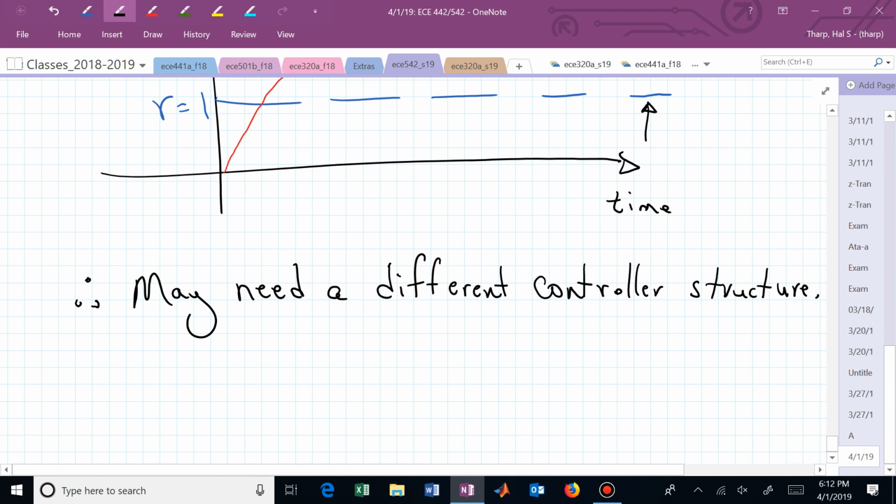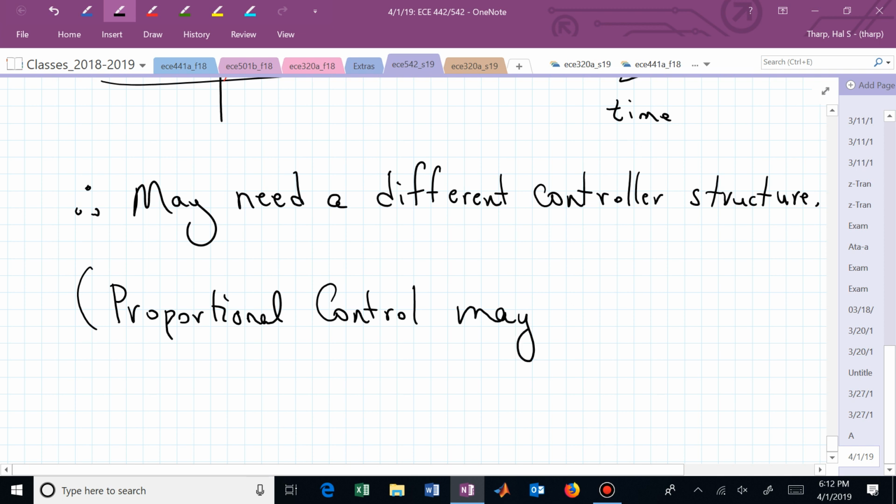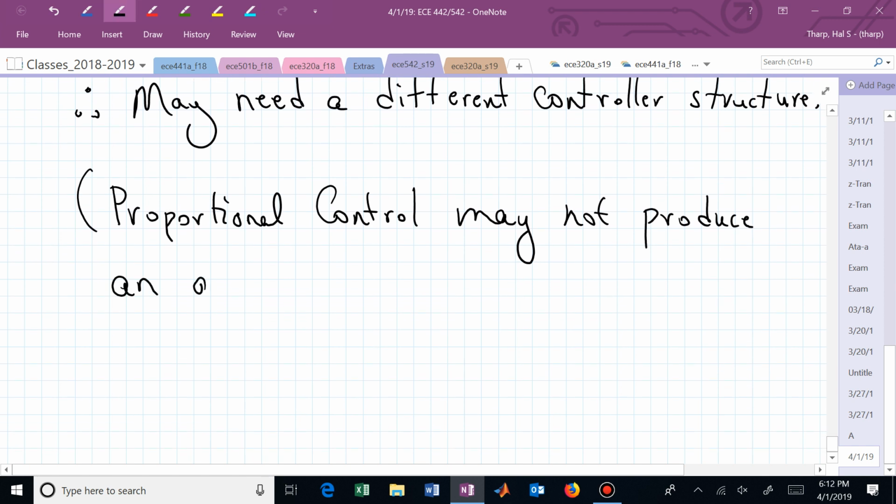Yes, you were stable. You did stabilize. You did go to a final value. It's just maybe you're not accepting that steady state accuracy. In this case, the proportional control, the P and the PID, may not produce an acceptable steady state error.